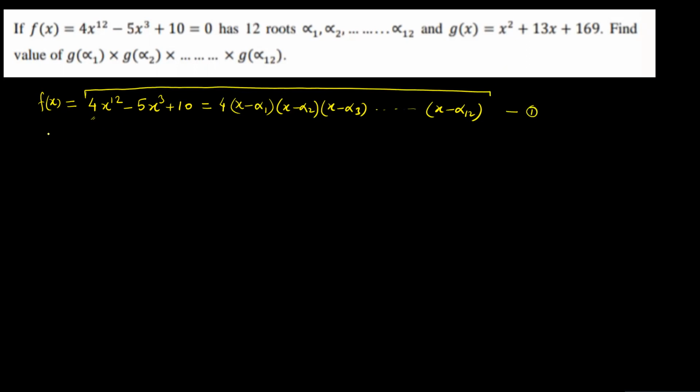Now if you check g(x), so g(x) is x^2 + 13x + 169. Okay, this is g(x). Let's say we write g(x) = 0.